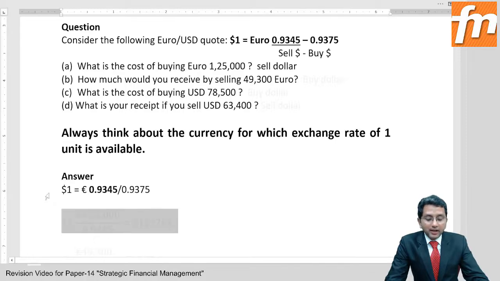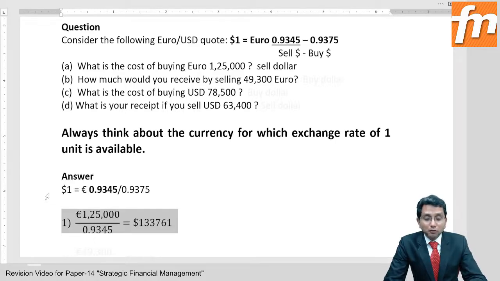And if you divide by 0.9345, result will be $1,33,761. So if you want to buy 1,25,000 euros, you'll have to pay $1,33,761.